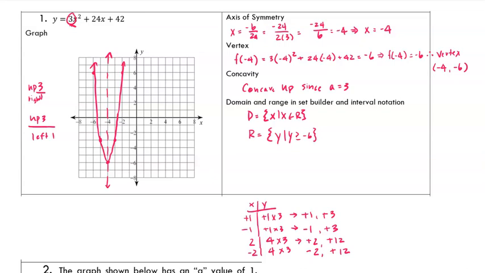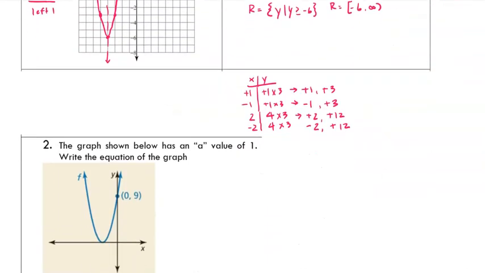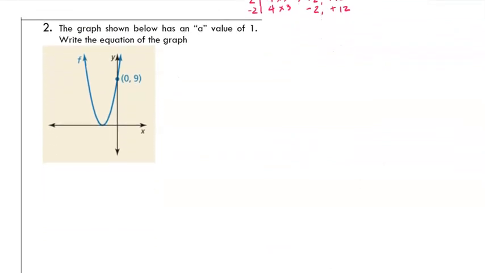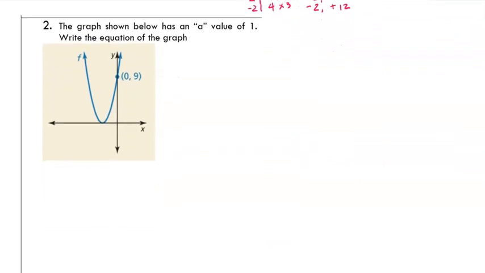If I write that in interval notation, it's going to be -infinity to infinity. And if I write it as range, it's going to start at -6 and go to +infinity. Okay? Good job, guys.